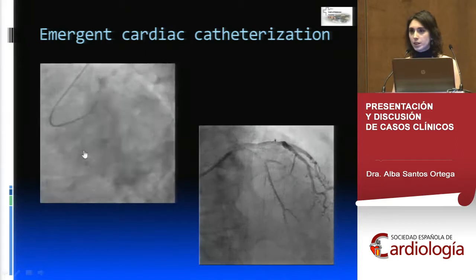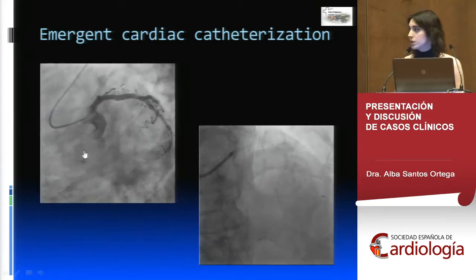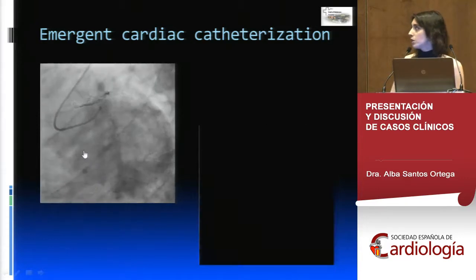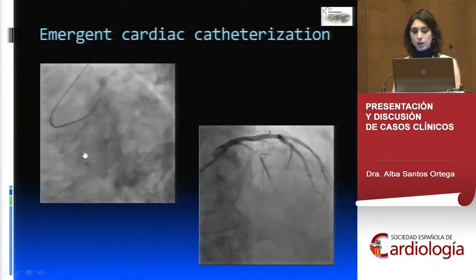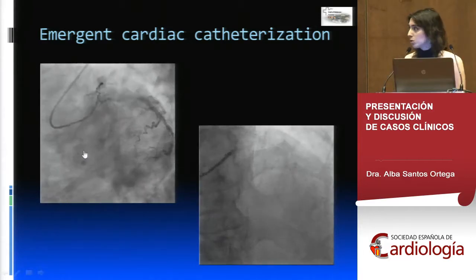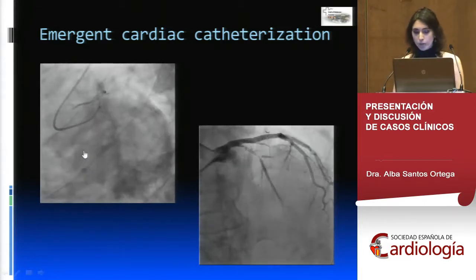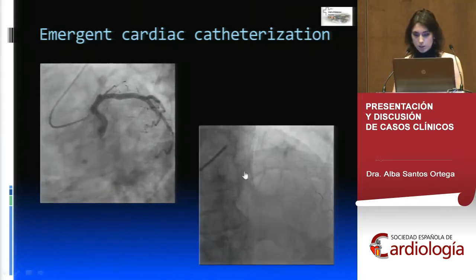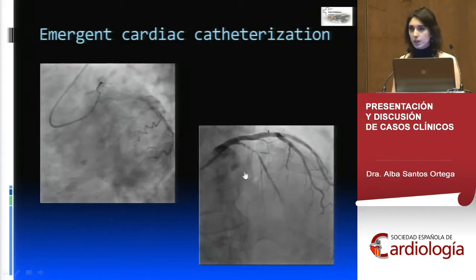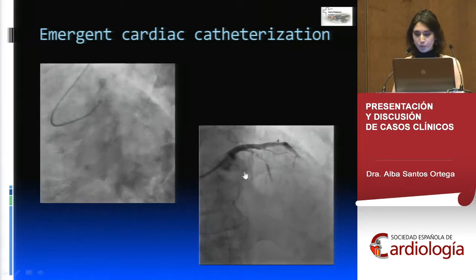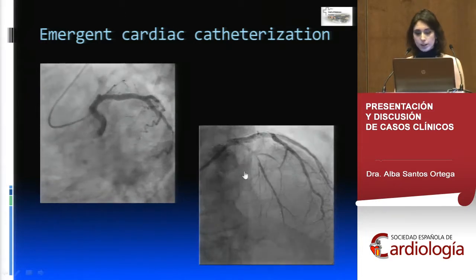So we catheterized the left anterior descending artery, and surprisingly, as we can see on the angiogram, we found a proximal third acute occlusion of this artery. And on the video on the right, we can observe that there was a high content of thrombus when we opened the artery.